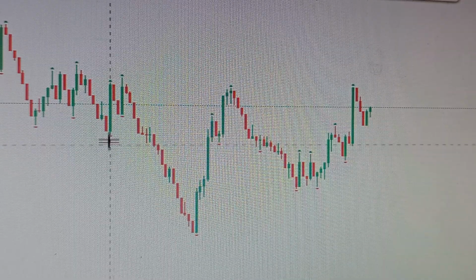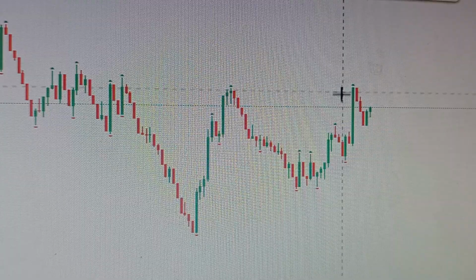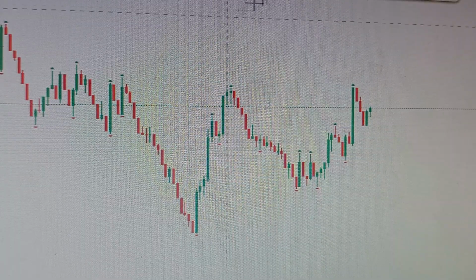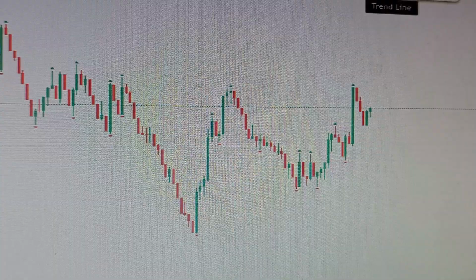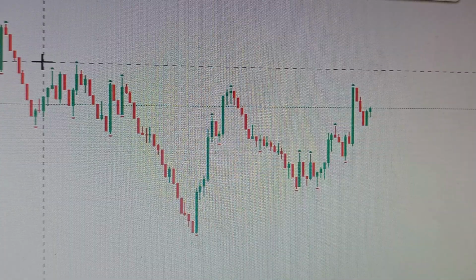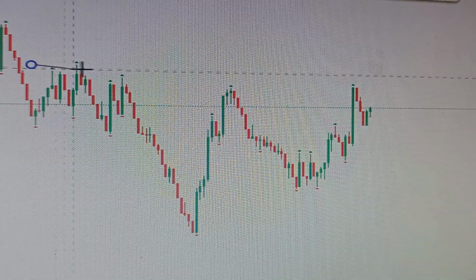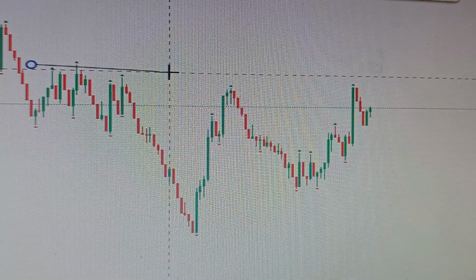I know most of you guys have heard about change of character, accumulation, distribution, liquidity, imbalances, fair value gaps.